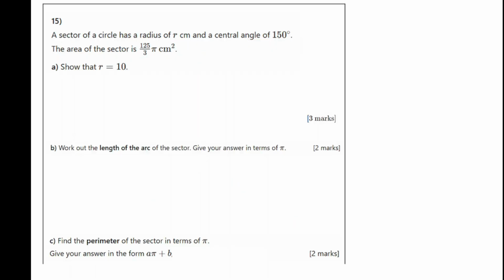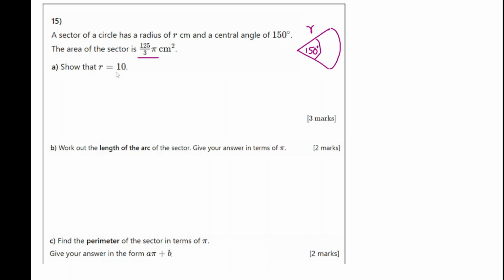Question number 15. A sector of a circle has radius r and the central angle 150. So this angle here is 150 degrees. This is r. The area of the sector is 125 pi over 3. Show that the radius is 10.